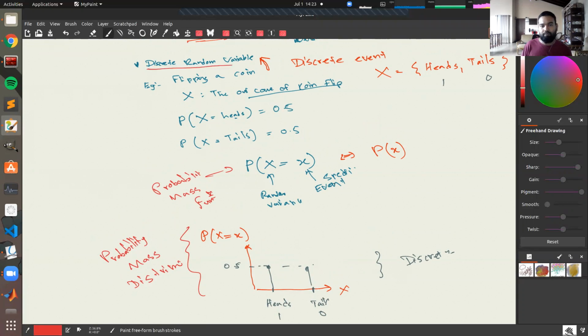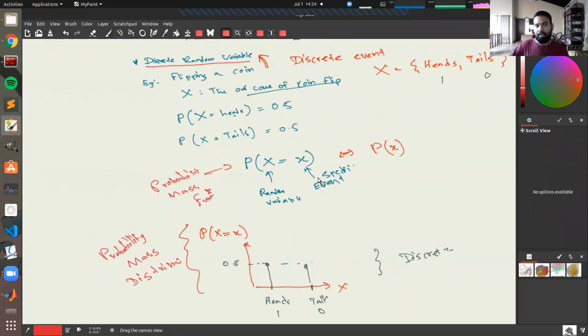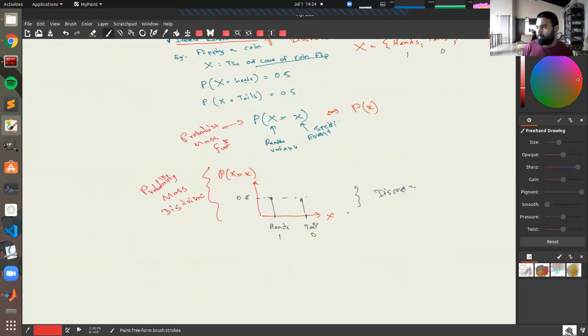When you take this distribution P of capital X, the random variable, equaling some event, the whole function of it, which is given by this graph, we call that a probability mass function. Another important thing is that in this case, since it's discrete, the sum of all the events equals 1.